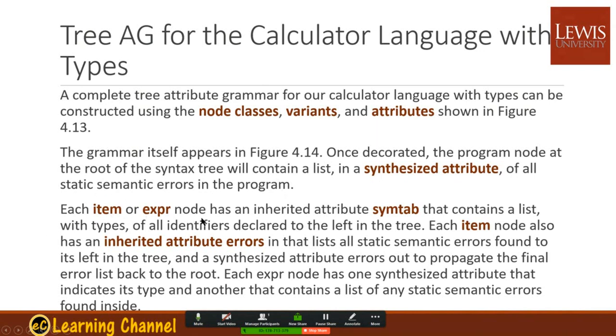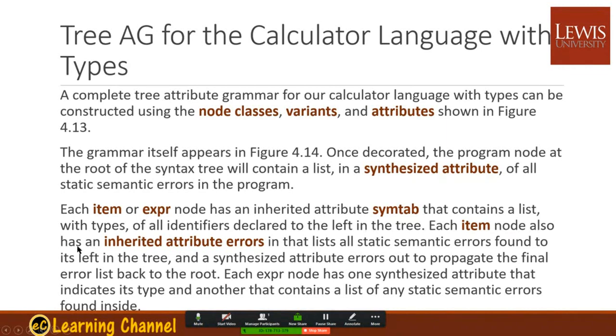Each item and expression node has an inherited attribute, a symbol table link, that contains a list with name and type of all identifiers declared to the left in the tree.